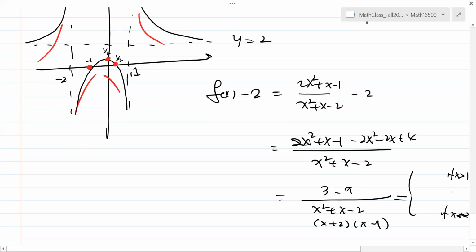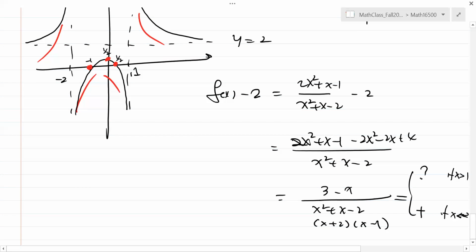Okay, when x is greater than 1, when x is less than -2, it's negative, negative, positive. I think this is also positive.